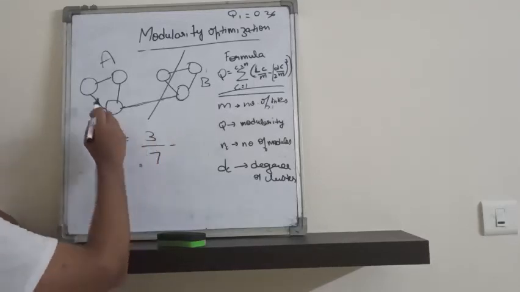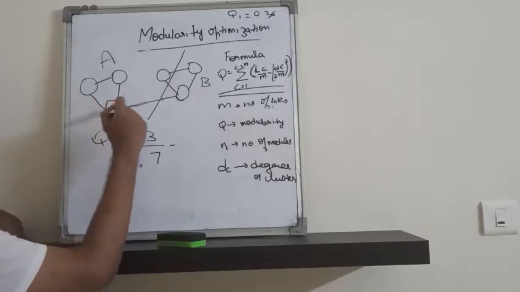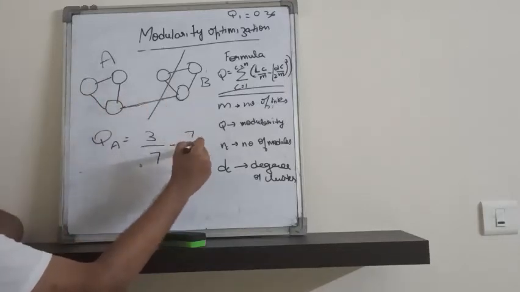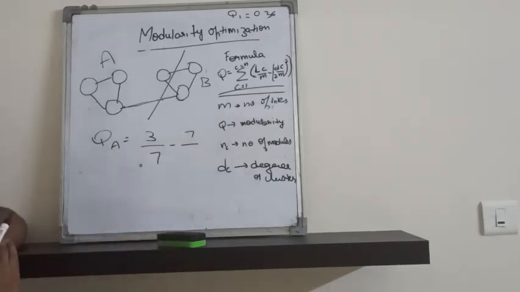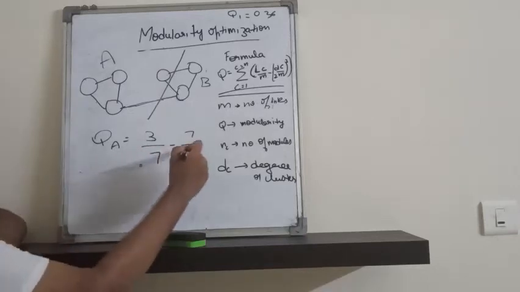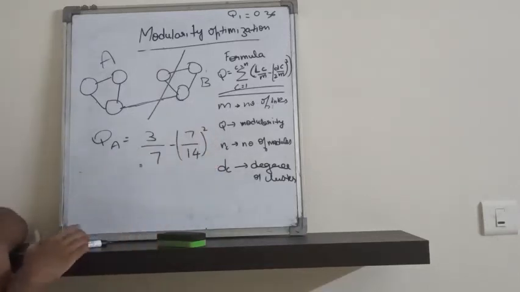Minus what is degree? Degree of this will be 2, 4, 5, 6, 7. Okay, 7 divided by 2 into m. What is 2 into m? 2 into m is 14, same as before. Okay, so for this what will we do?